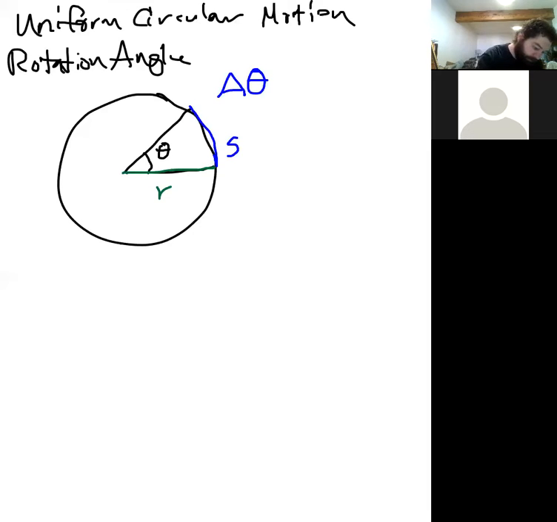This is the way your book does it, S over R, but the other way makes more sense to me: delta S is delta theta times R. As you can tell, the radius is really important here.